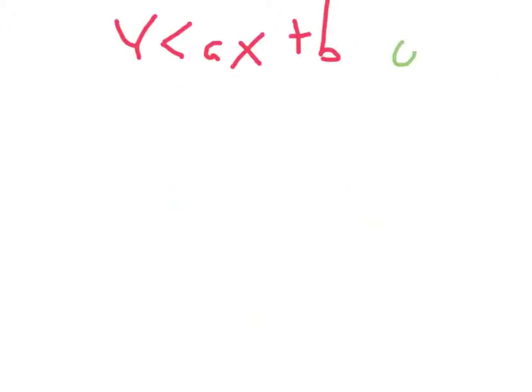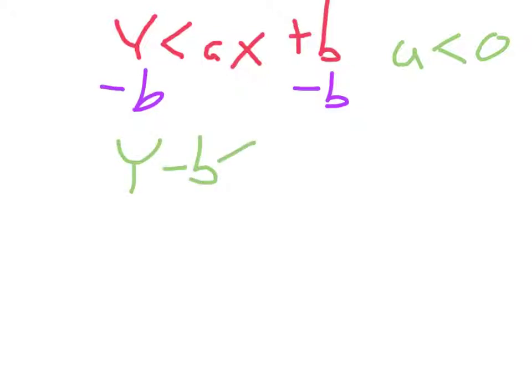Problem number 4. In this problem, we assume that a is less than 0, meaning a is a negative number. So to start off, we want to subtract b from both sides because this is the side that x is on, and x is the number we are solving for. So that will give us y minus b is less than a times x.